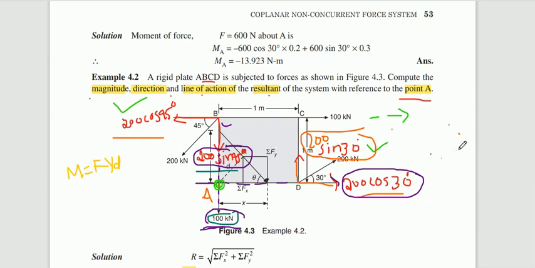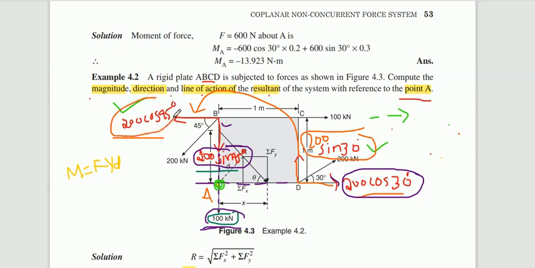Which direction is it? Negative, because the 200 force is here, and in order to reach point A it should come like this. Therefore it is negative, anti-clockwise.